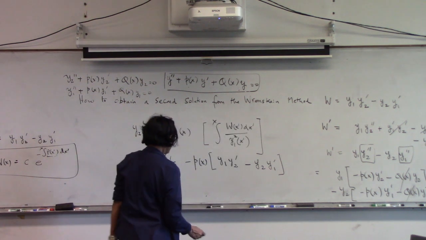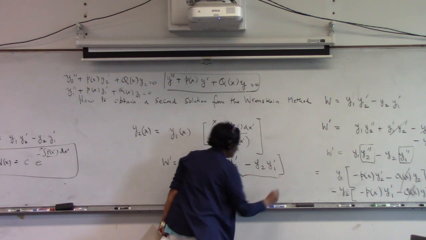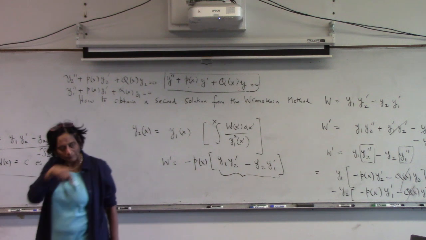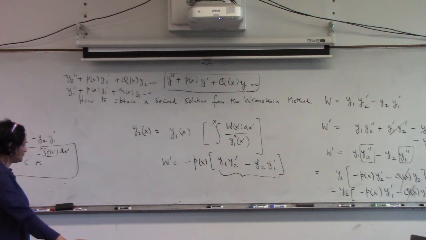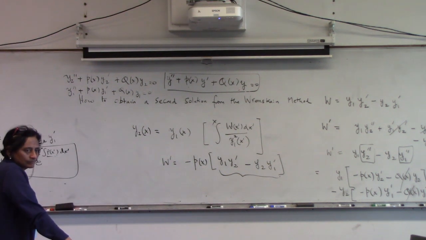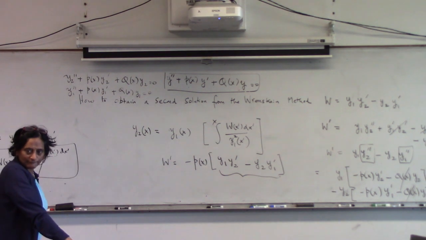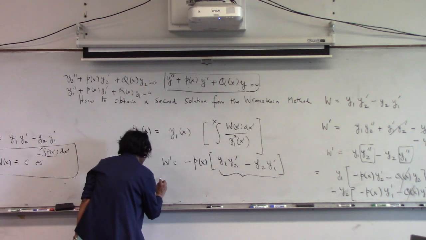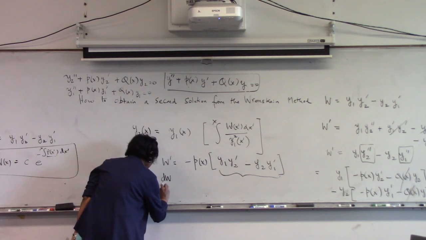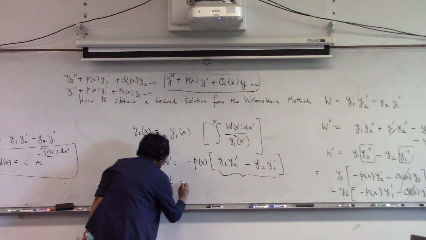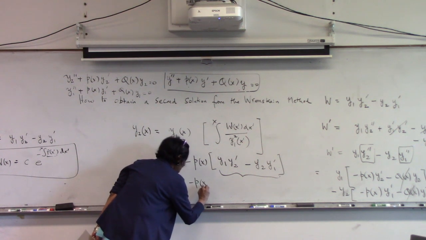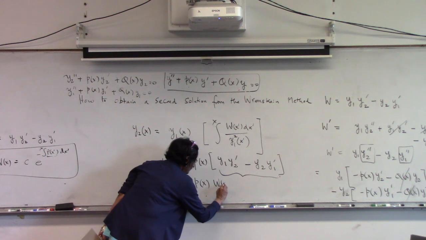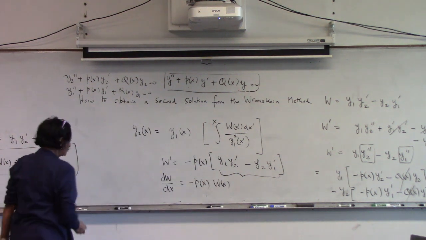All right, and what is this? It's just the Wronskian. So dW over dx is nothing but minus p(x) times the Wronskian.